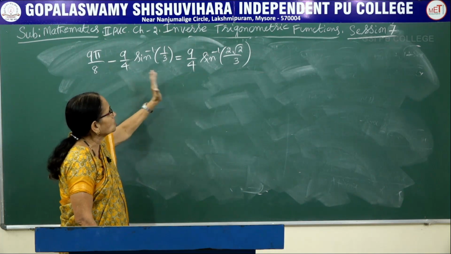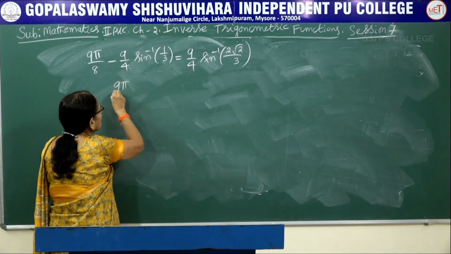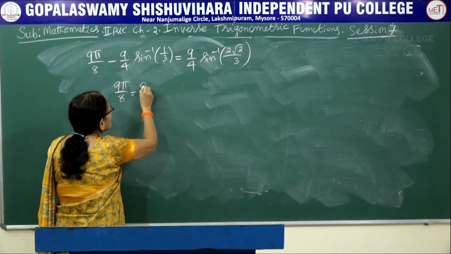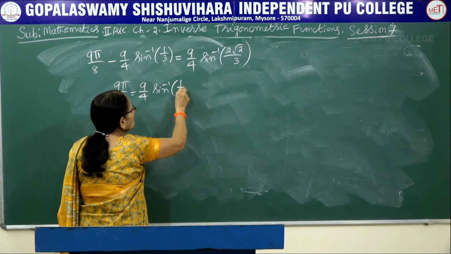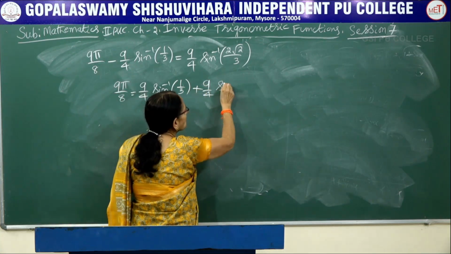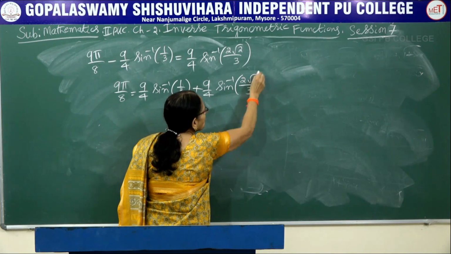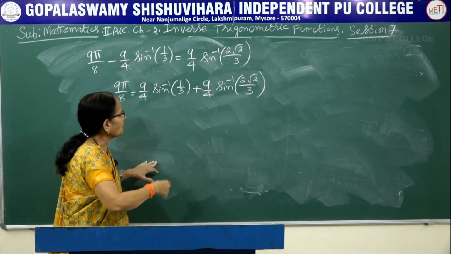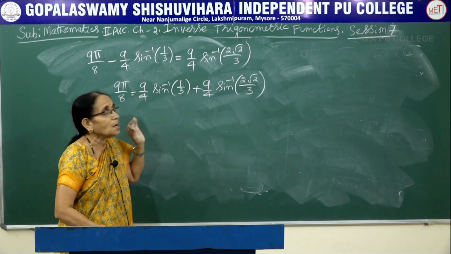So let me take both of them on the same side, that is 9 pi by 8 can be written as 9 by 4 into sin inverse of 1 by 3 plus 9 by 4 into sin inverse of 2 root 2 divided by 3. I am simplifying the function itself so that afterwards proving becomes a little bit easy.